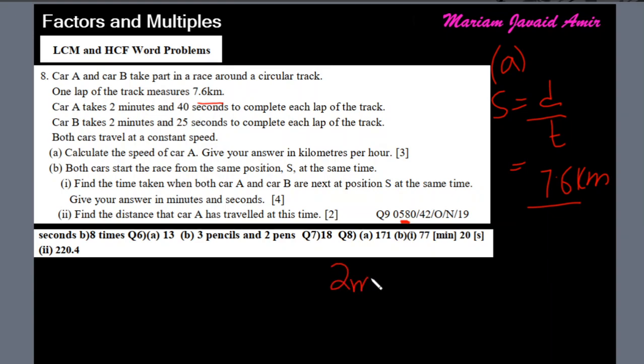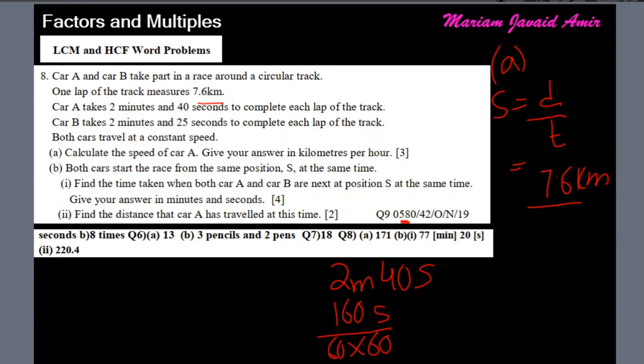So 2 minutes and 40 seconds need to be converted into hours. Let's first change this into seconds. 2 minutes is 60 plus 60 and then plus 40. This makes 160 seconds. Divided by 60 and again by 60 to get hours.